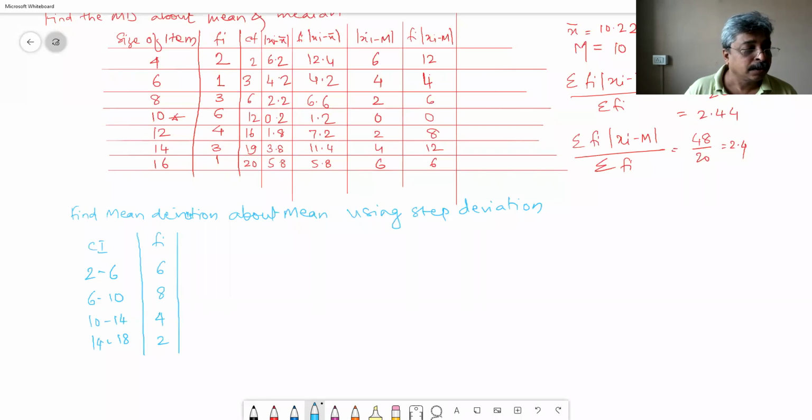Now, since it is a class interval, a range, you can write xi directly, which is the midpoint: 6 plus 2 by 2 is 4, then 8, 12, 16.